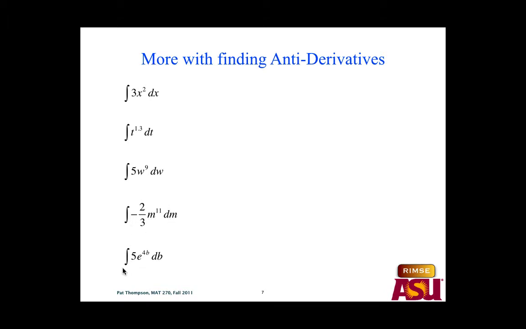Now, this last one is not a power function, but exponential function, right? And exponential functions, their derivatives are, their powers don't change, their exponents don't change. If it's e to the x, its derivative is e to the x. If it's e to the something else, I get to do chain rule.